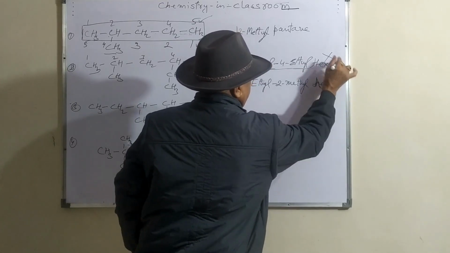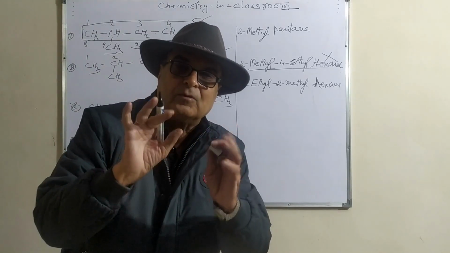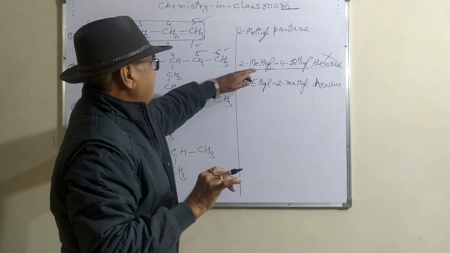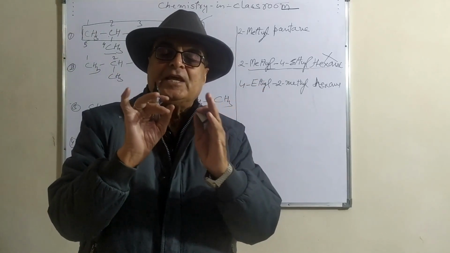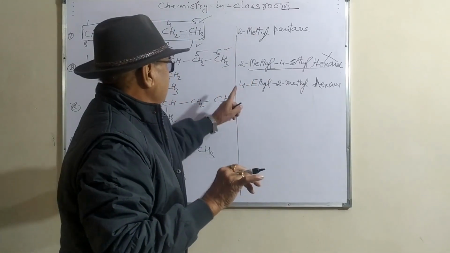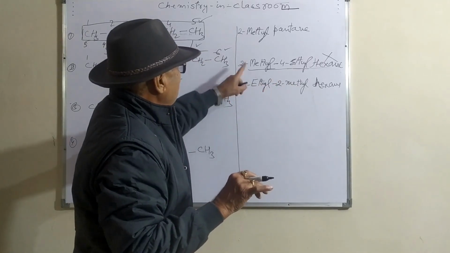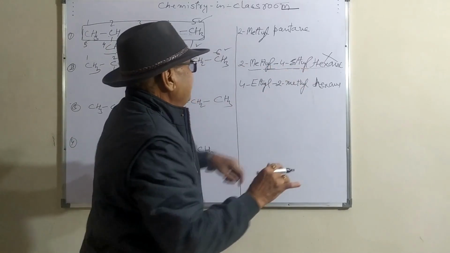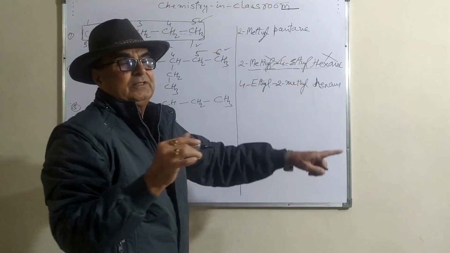You should be careful to write the name in alphabetical order. So you should write 4-ethyl 2-methyl, not 2-methyl 4-ethyl.